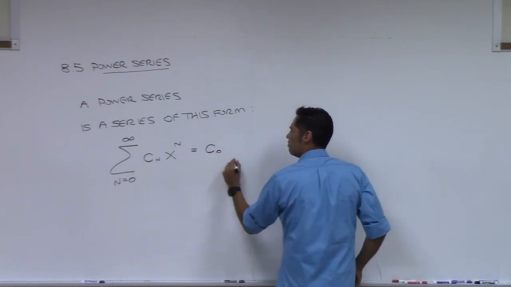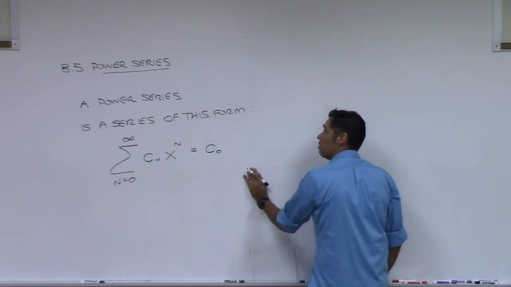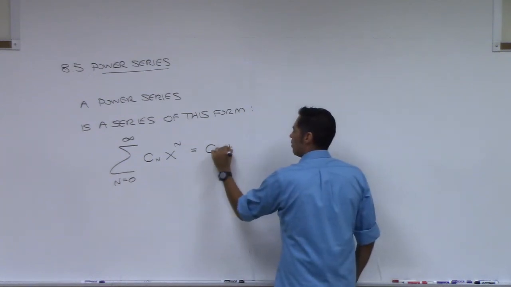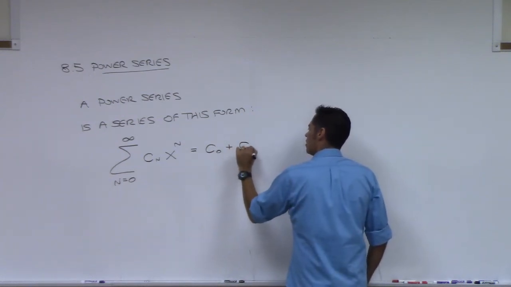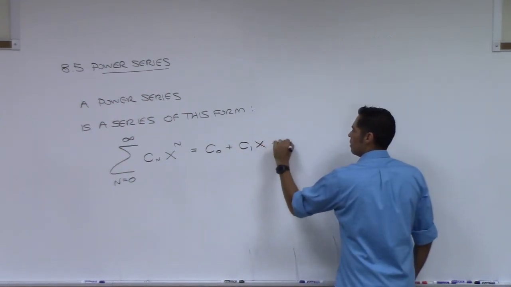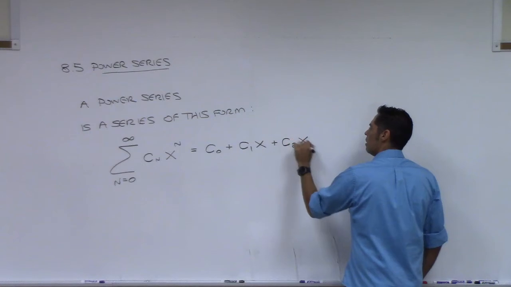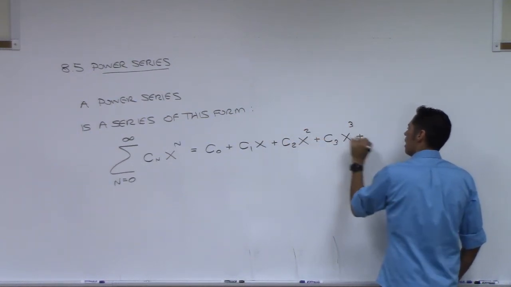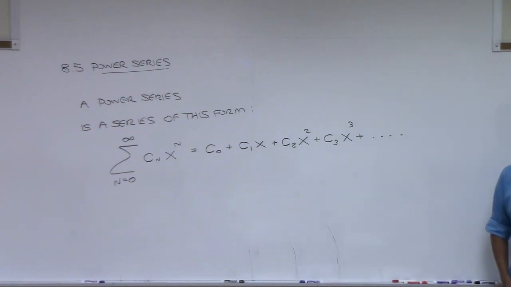C sub 0 times x to the 0, which is 1. So just c sub 0. All right, next one, we plug in 1, c sub 1, x. Next one, c sub 2, x squared, c sub 3, x cubed, and forever and ever, amen. Right?